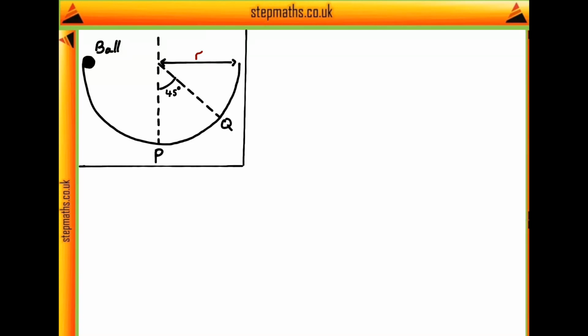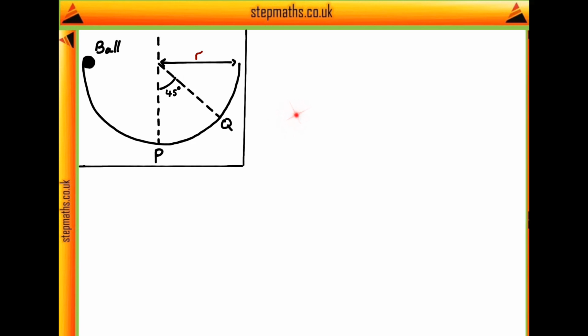So since we're asked to try and find the kinetic energy of the ball at point P, let's try and think about the energy of the ball at some different points. So the easiest ones are probably the points at which it's stationary, its initial point, and at Q. At this point, the only energy the ball has is going to be gravitational potential energy. And what's the expression for this gravitational potential energy?